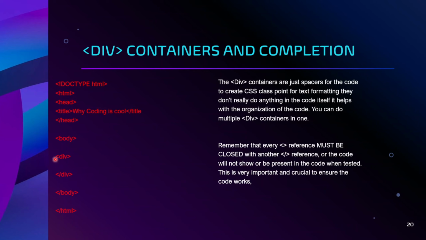You could do multiple div containers in one. So I have a div container right here. I can insert another one, another one. It's just for classing. And remember that every tag reference must be closed with another tag, or the code will not be present. This is very important and crucial to ensure that your code works, because if you don't do that, you will get errors and you won't even get anything.